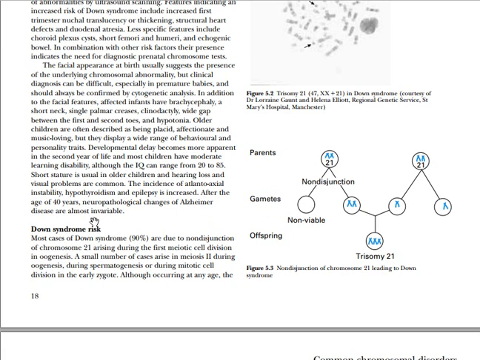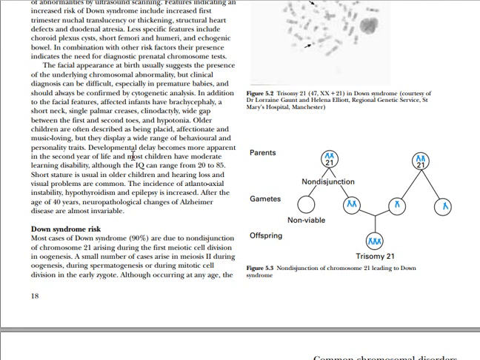Now, the complication of Down syndrome is that when you have Down syndrome, you are predisposed to certain conditions. Inside the heart, you're going to have tetralogy of Fallot, atrioventricular septal defect or ventricular septal defect. Inside the gastrointestinal tract, you can have duodenal atresia or Hirschsprung disease.